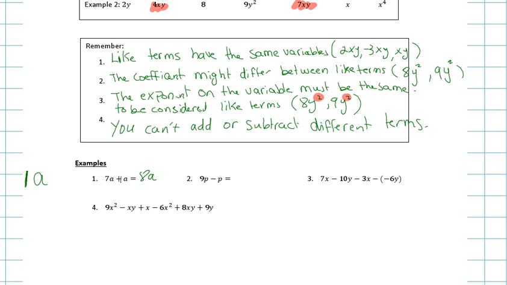Look at the second one. How about 9p take away p? Again, I have an invisible 1 here. So I'm taking 9 take away 1, which is 8. Clear for everyone? Okay. Now it becomes a little more complicated because I have different terms. What's the first thing you want to do? What's the first thing you want to get rid of? The bracket, right?